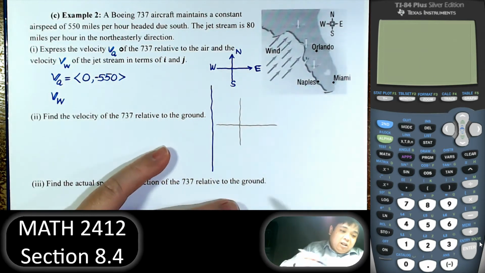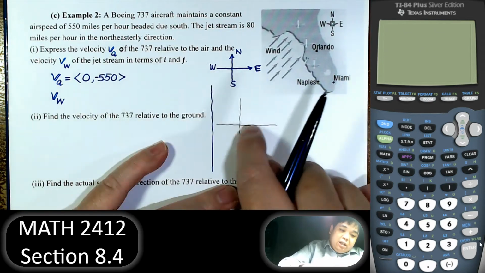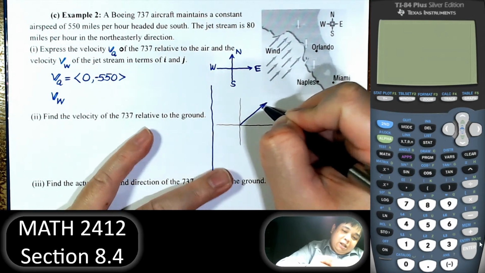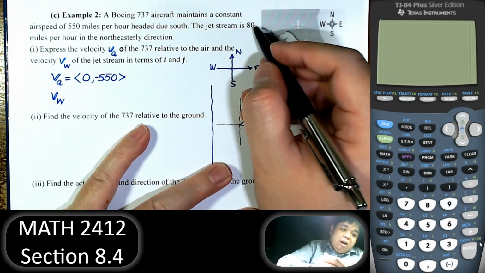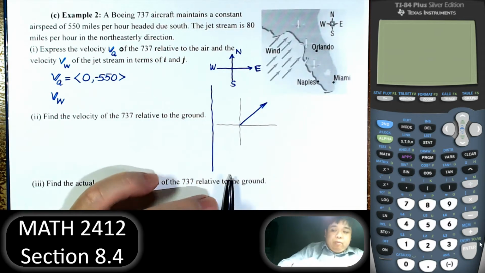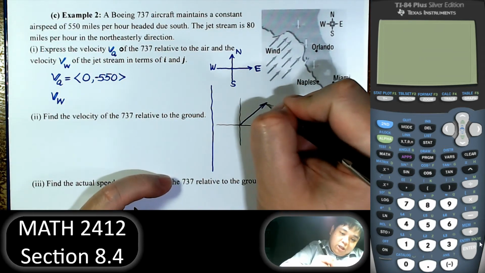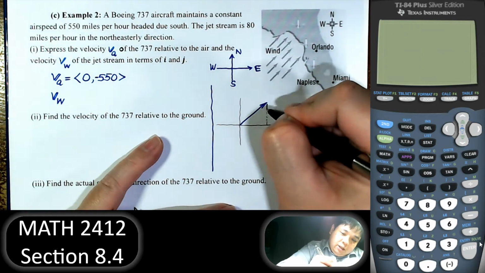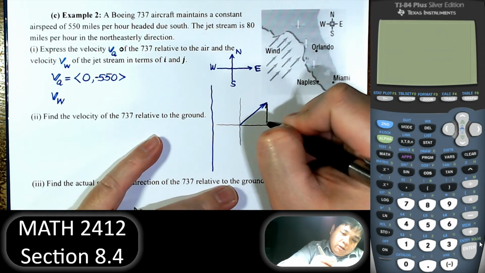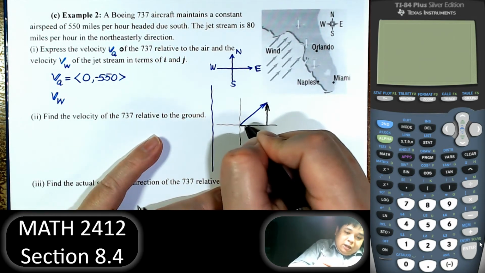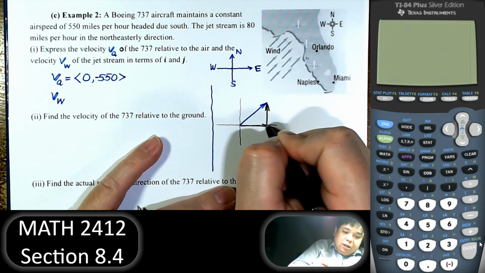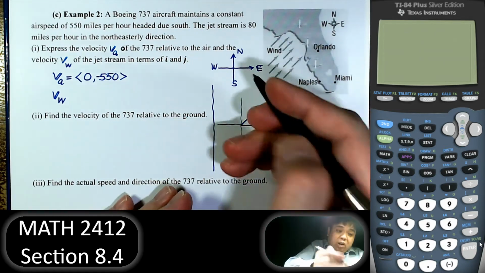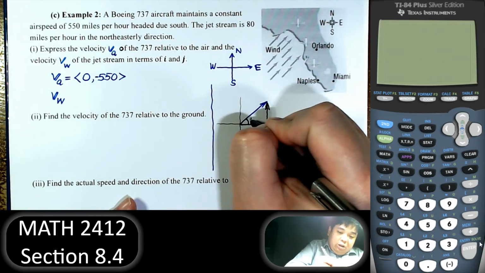So we know that the vector, the jet stream northeast, is split right between north and east, with a magnitude of 80 miles per hour. So in that case, we have to decompose it into two components, vertical component and horizontal component. Because it is split between north and east, that will be 45 degrees.